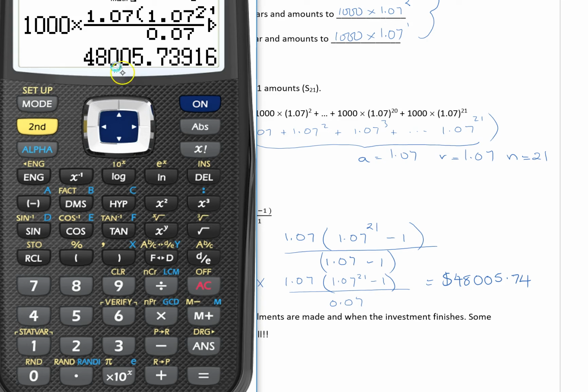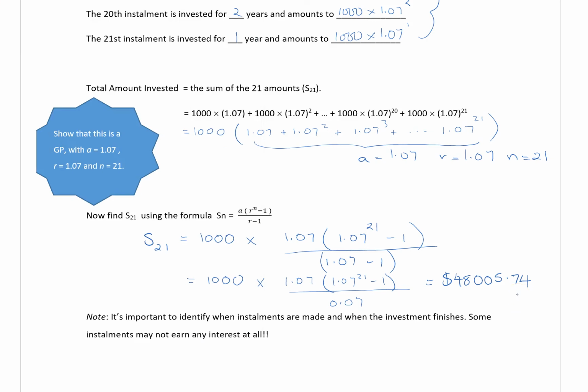And we get $48,005.73916. Obviously that would be rounded off, the 9 would get cut off, and round the 3 up to a 4. So that's a pretty nice investment, $48,005.74 that Oliver received on his 21st birthday. And this is a much shorter way of doing it than trying to add up 21 different amounts and calculate each one.